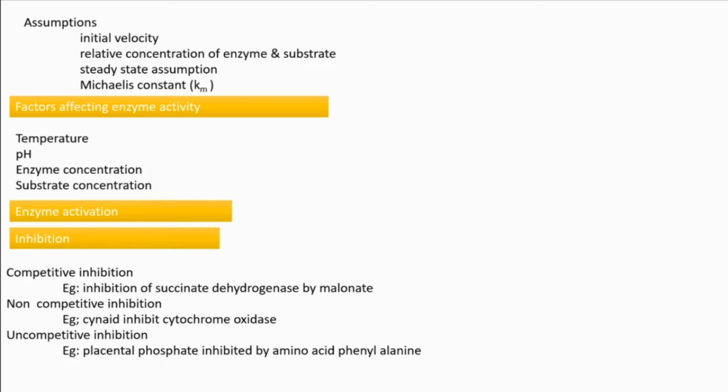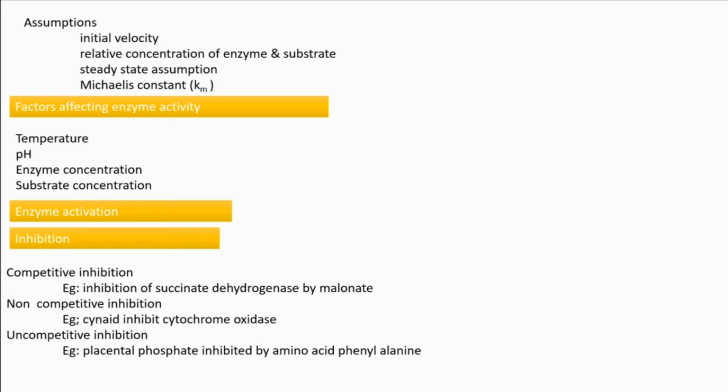That is called competitive inhibition. The inhibitor reduces the affinity of the enzyme to the substrate. Whenever the inhibitor is present, it forces the enzyme to bind with the inhibitor instead of the substrate.